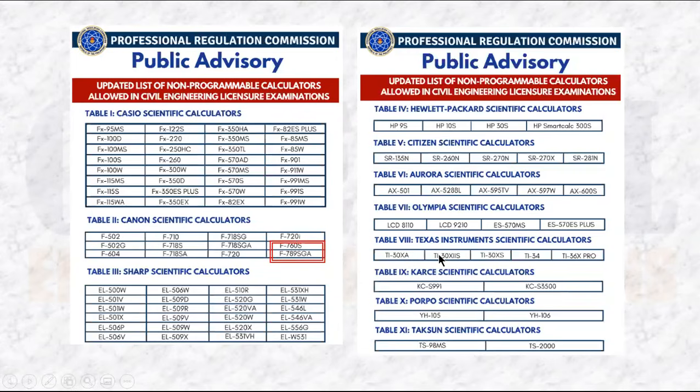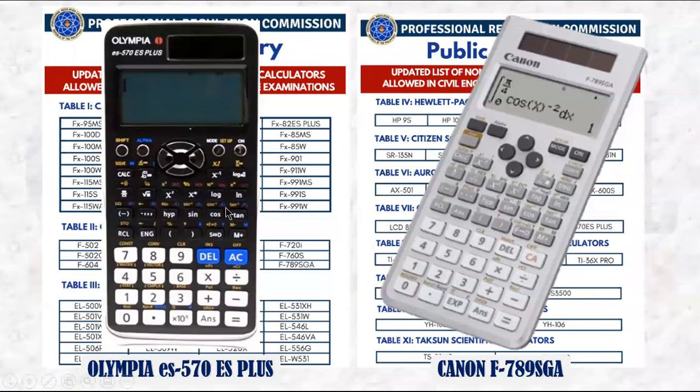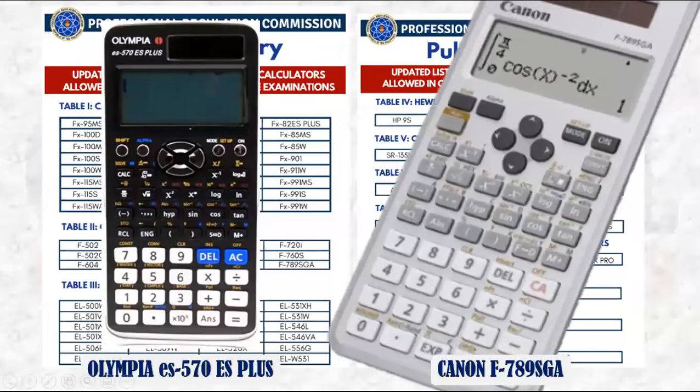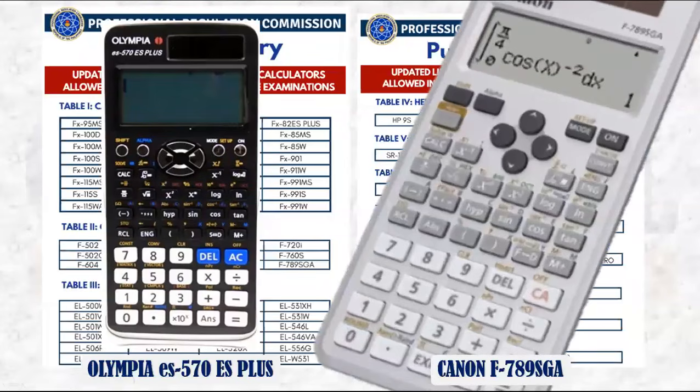And the other one is the Olympia ES 570 ES Plus. So, ganun. Ito yun sila. And for me, I like this one more than the others. So, if pwede, look for it, buy it. Kasi sobrang similar talaga sila. Though ito din, pero for me, parang mas madali itong hanapin than this one.